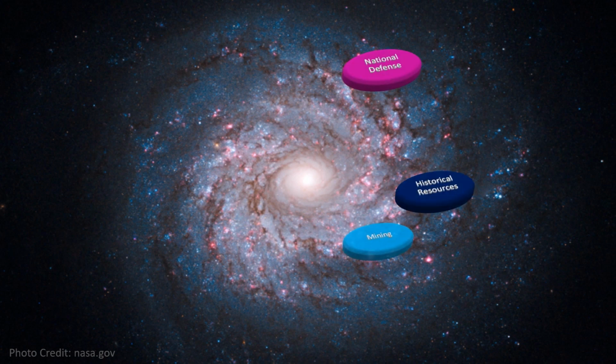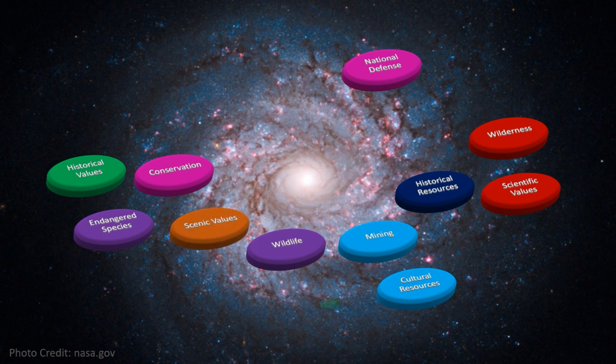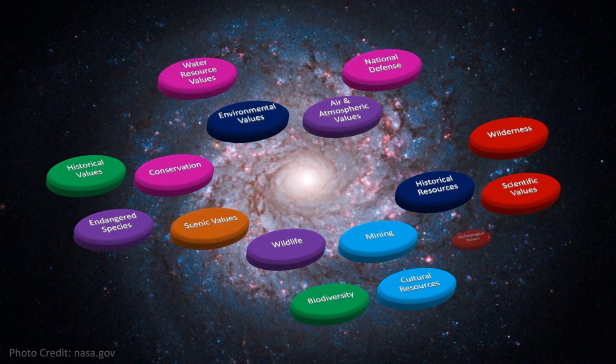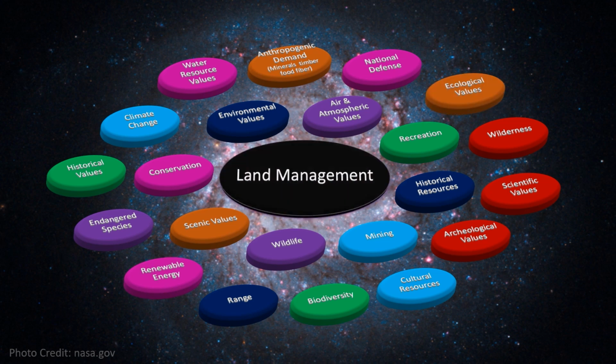There are many factors involved when it comes to land management, including grazing, recreation, mining, science, biodiversity, conservation, national defense, wilderness, historical resources, renewable energy, endangered species, along with a range of diverse values that make up the nebulous matter of federal land management, or what I will call our land management protostar.